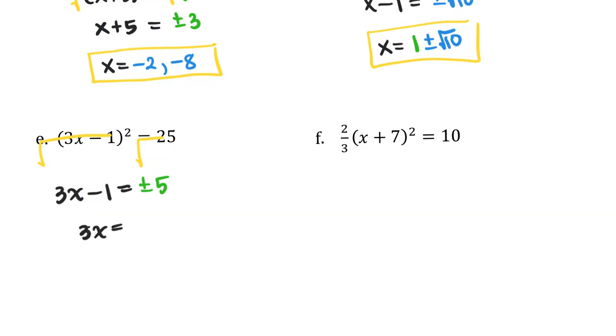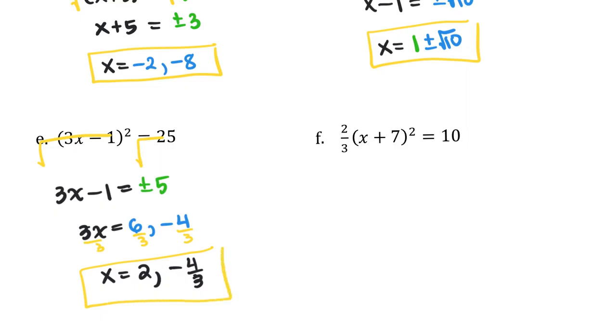Okay, if I do positive 5 plus 1, I get 6. If I do negative 5 plus 1, negative 4. Okay, this looks weird, but let's go ahead and divide by 3. And I'm showing this step, although you could do it in your head. X equals 6 divided by 3 is 2. Negative 4 divided by 3 is a fraction. So my answers are 2 and negative 4/3.